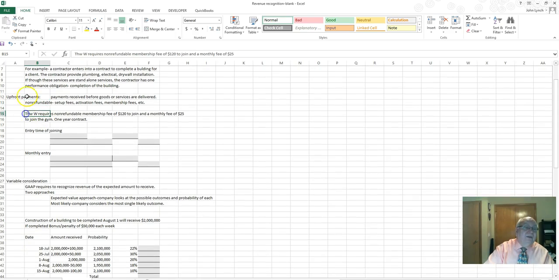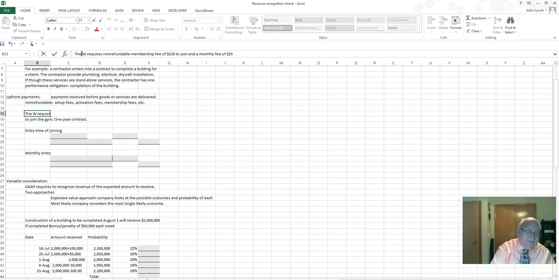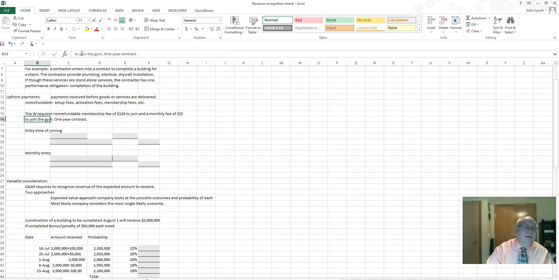So we have a gym that requires a non-refundable membership fee of $120 to join the gym, and a monthly fee of $25. It's a one-year contract. So you pay $120 for the membership fee up front, and then you pay $25 a month after that. And it's 1 year.